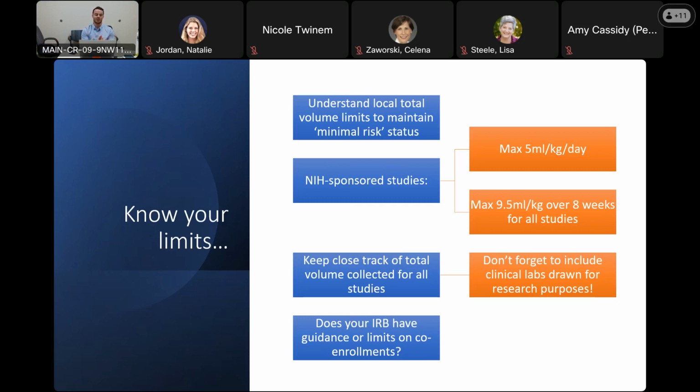And then with the multiple studies that you might be going for, say one person on your team is very strong and manages a lot of the sepsis studies, and then another person on your team is very strong with maybe the flu studies or ARDS studies. You don't have to handle this approach by yourself if there are multiple studies. You can always go into the room with another person.